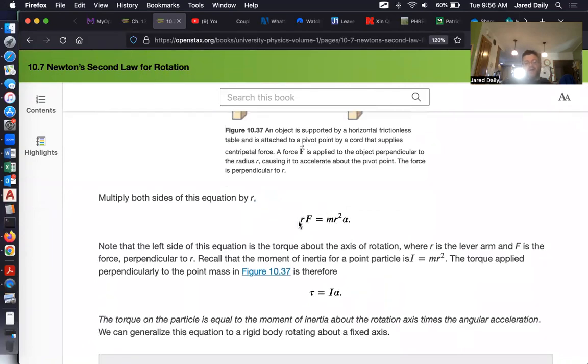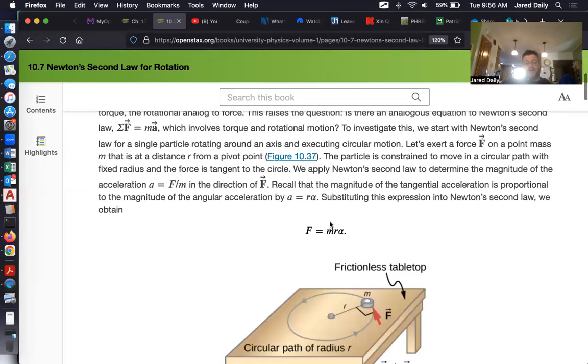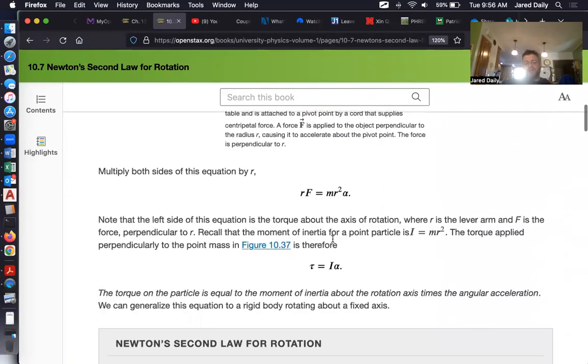If we multiply by r on the left side, we get r times f, then we have to do that on the right side, we get m r squared, right? And r f is torque, because r times f is torque if r is perpendicular to f. So we're going to say that this is perpendicular, and that's going to be torque. And on the right we get m r squared, which is definitely I. So through just a little algebraic manipulation, we get I.